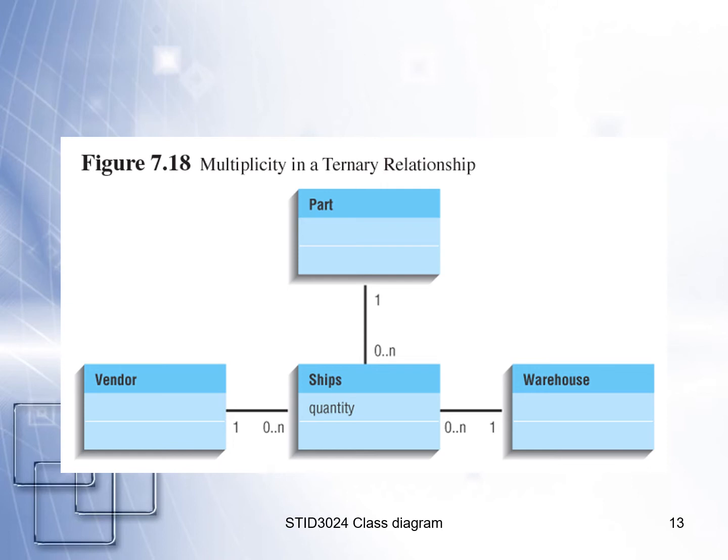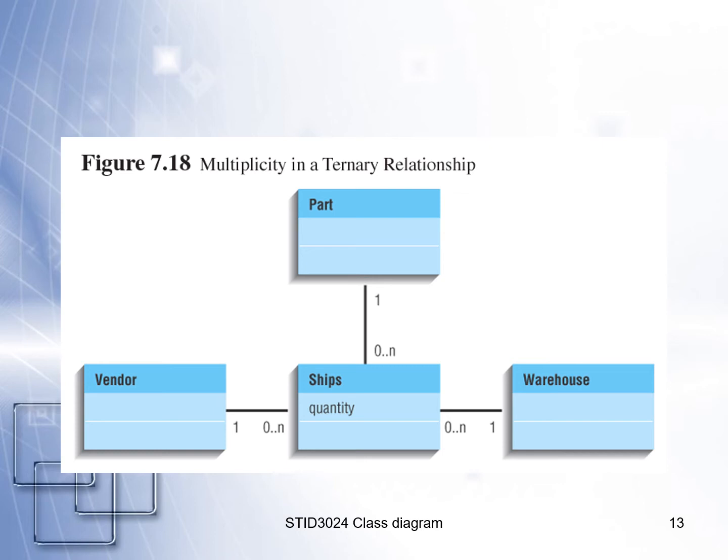Okay, this is another example. This one is multiplicity of a ternary relationship. There are three relationships here. In here, it's only showing the multiplicity. It's not showing the name of the association. For example, one part can be shipped 0 to many times.